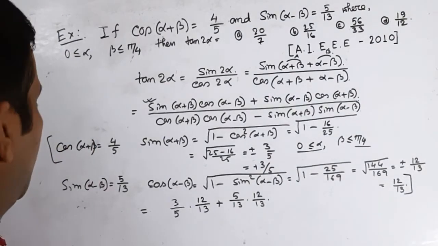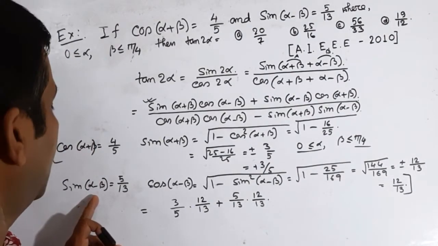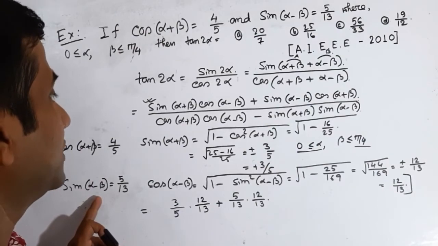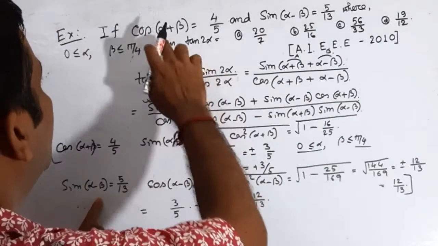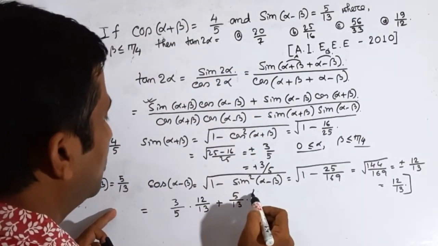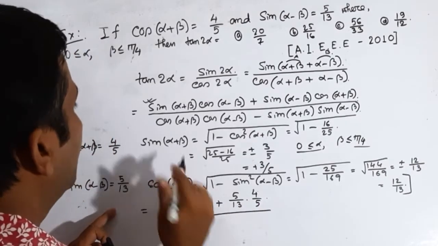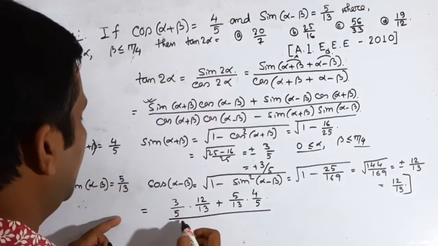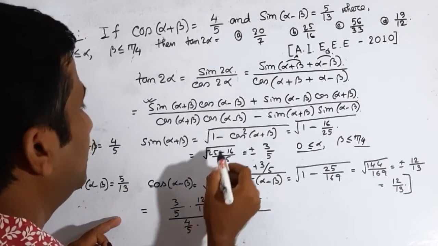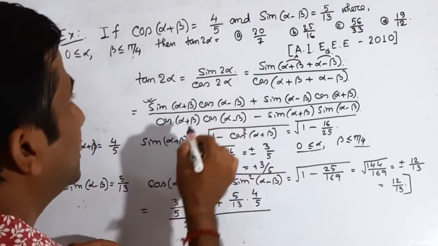Sorry, there is something wrong. Sin(alpha minus beta) means 5 by 13, and cos(alpha plus beta) means 4 by 5, divided by cos(alpha plus beta) 4 by 5 into cos(alpha minus beta).